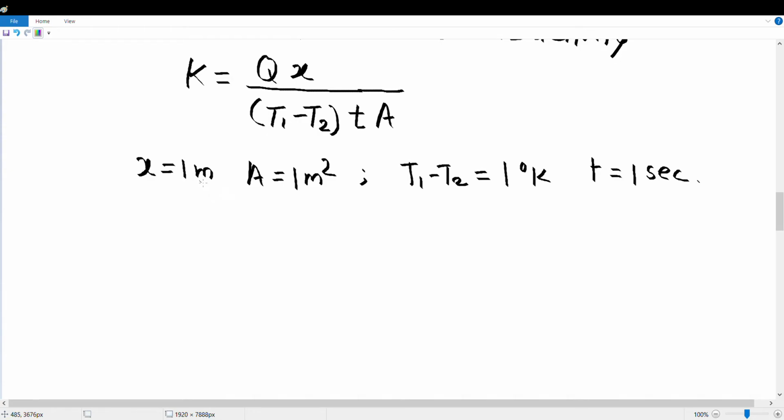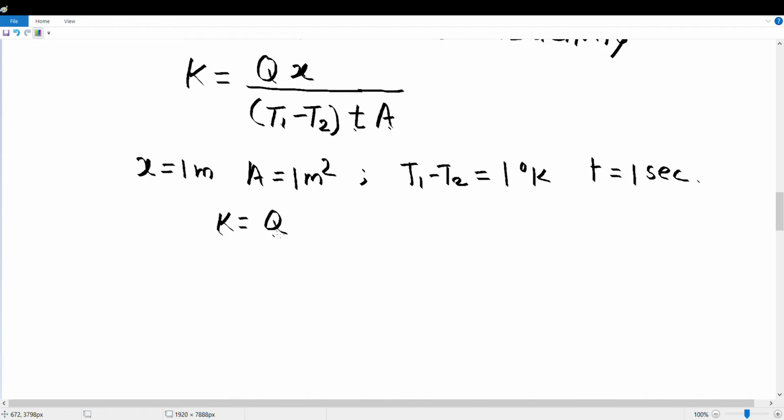We consider all these terms unity. This X is 1, this T1 minus T2 is 1, this T is 1, this area is 1. Then we get K is equal to Q. Or we may say that the coefficient of thermal conductivity K is equal to Q.